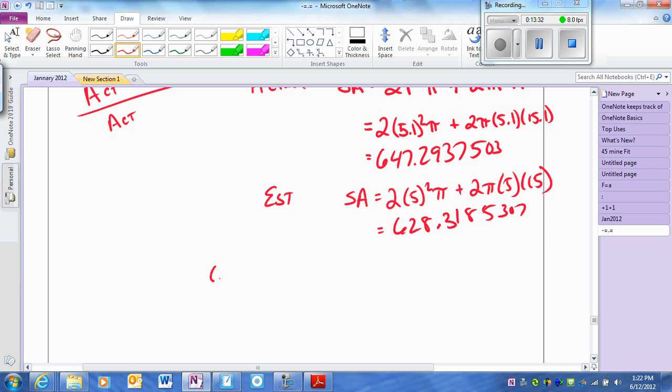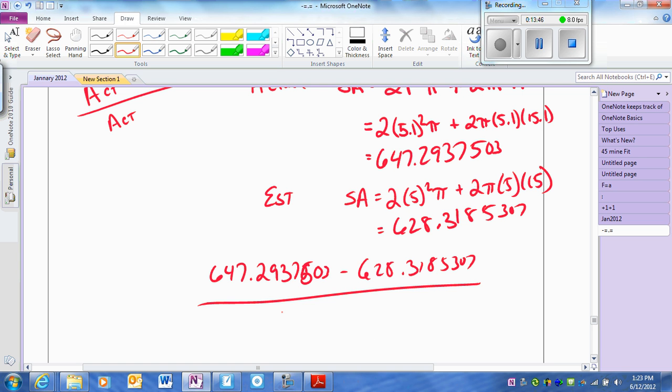So it's going to be 647.2937503 minus 628.3185307 divided by 647.2937503.